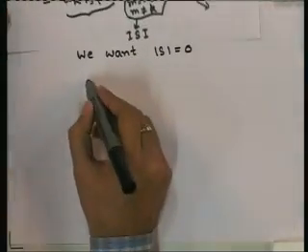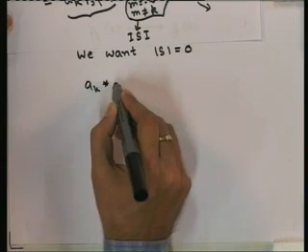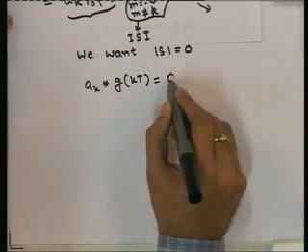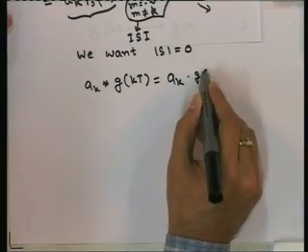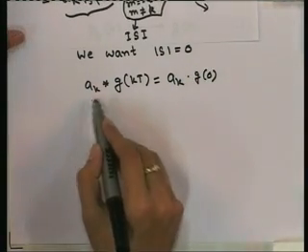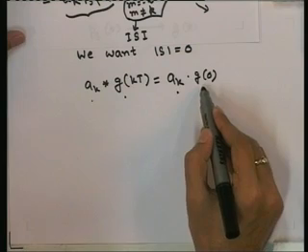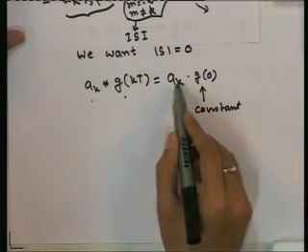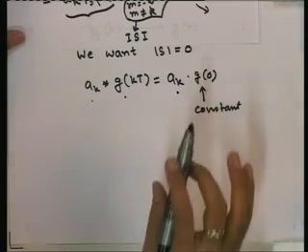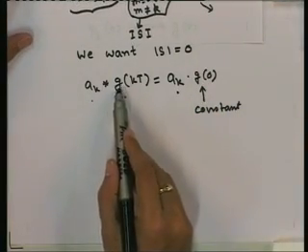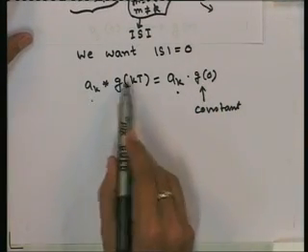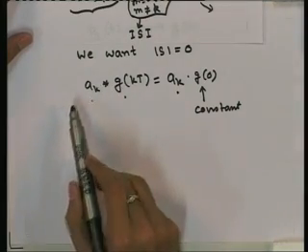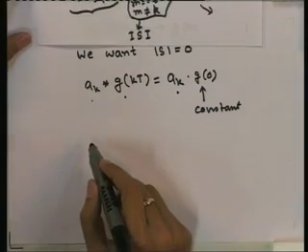That means we should have a_k convolved with g(kT) equal to a_k times g(0). Remember, this is a sequence, this is also a sequence, but this is a constant. So a constant times the sequence a_k. When we do convolution of a_k and g(kT), these two sequences, we get a scalar multiple of a_k. So that is what we want.